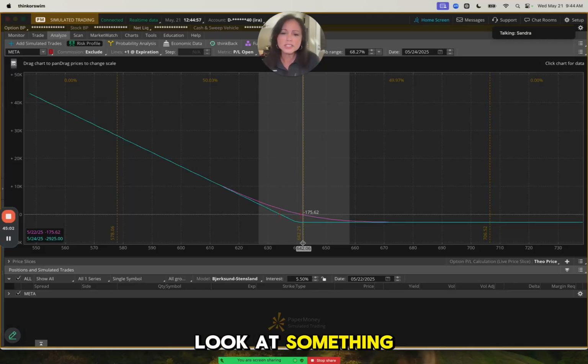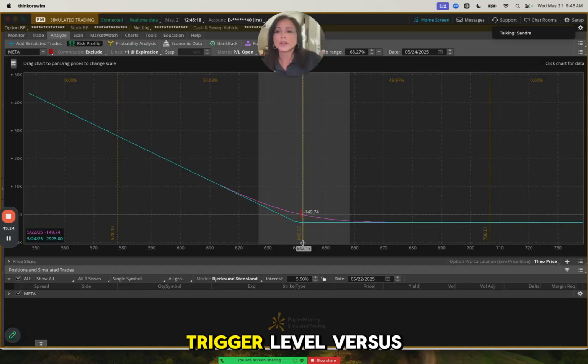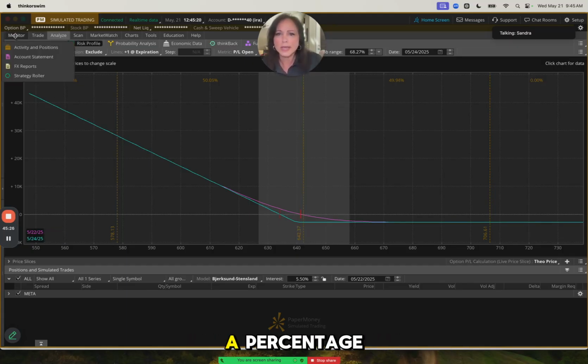So when we look at something like this, this may help, but you can see how it's changing right now. It's at 175.62 because it's just an estimate. And as volatility changes, maybe this is going to change too, but it's still around the 150. But this too is also a visual about how you want to take a look at your stop and utilize a trigger level versus a percentage in your price.